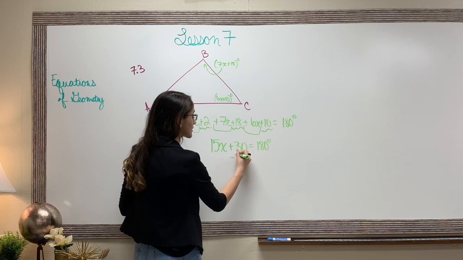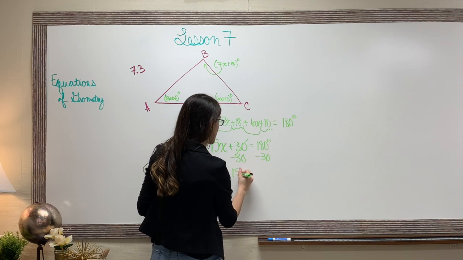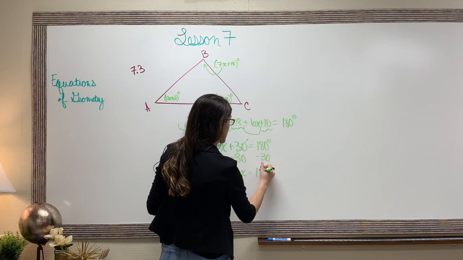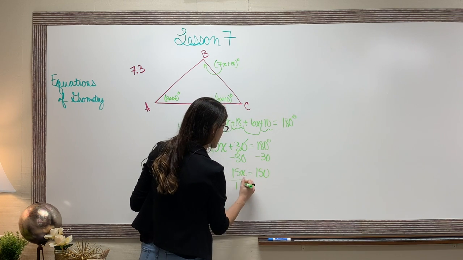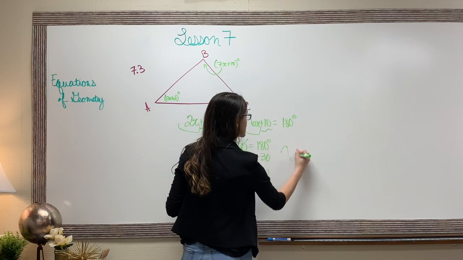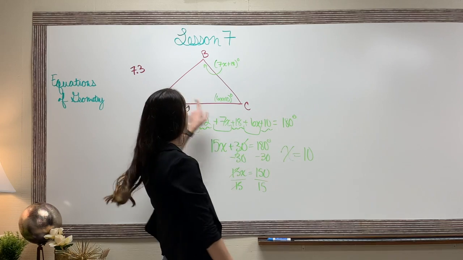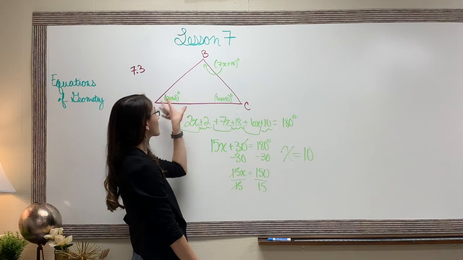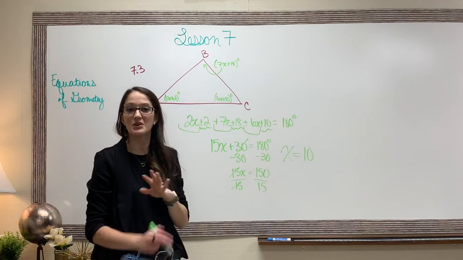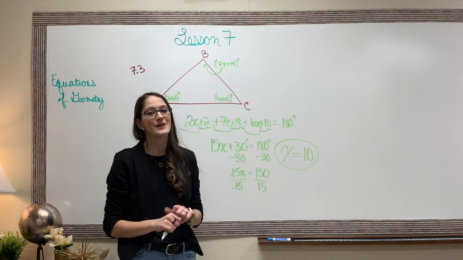So we're going to subtract 30, and we get 15x equals 150. Divide by 15. So x equals 10. So if I take 10 and plug it in to all 3 of these, I will find all 3 of these angles. But that's not what the question asks us to do. All they want us to do is find x, which we did, so we're done.